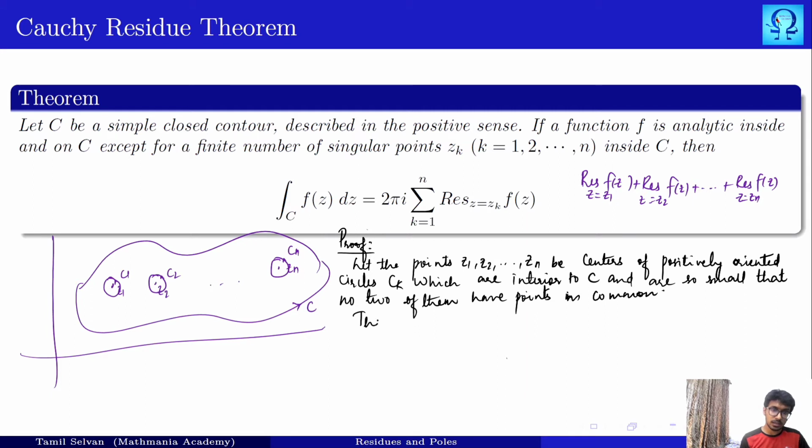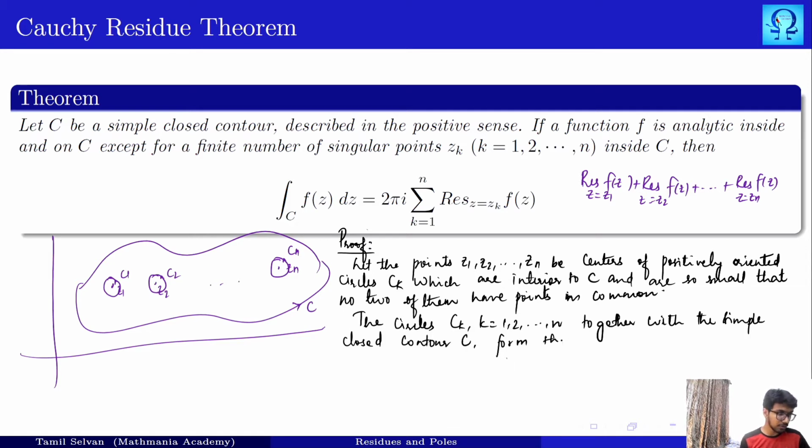Now the circles Ck, with k running from 1 to n, together with the simple closed contour C, form the boundary of the region in which f is analytic.